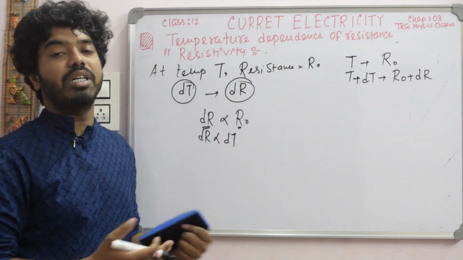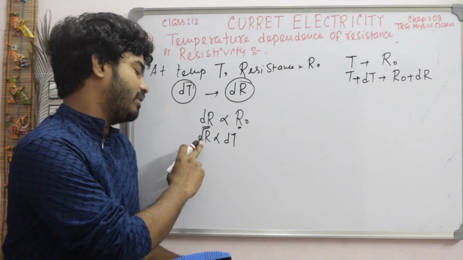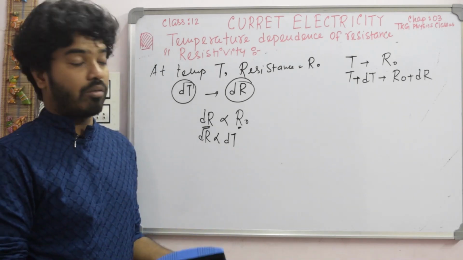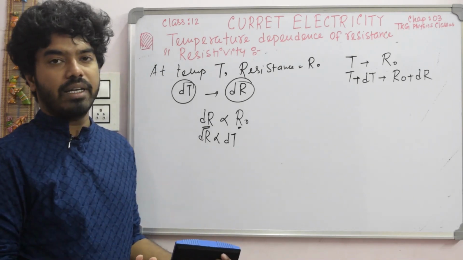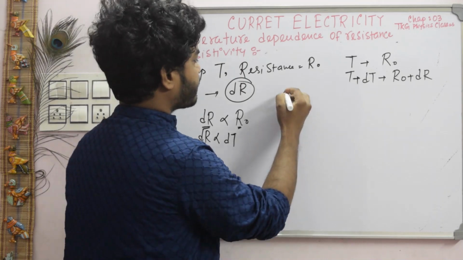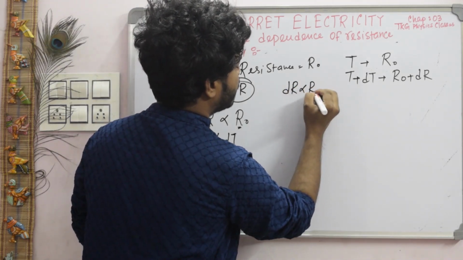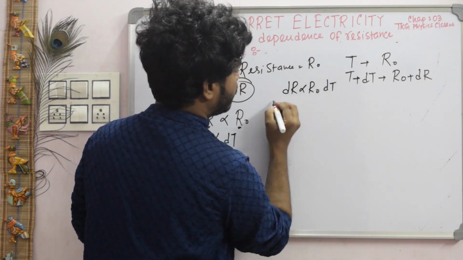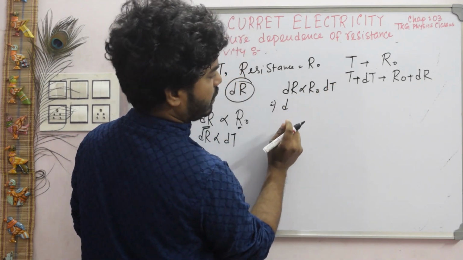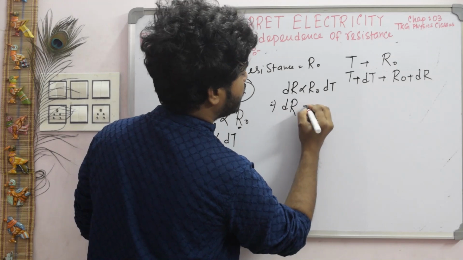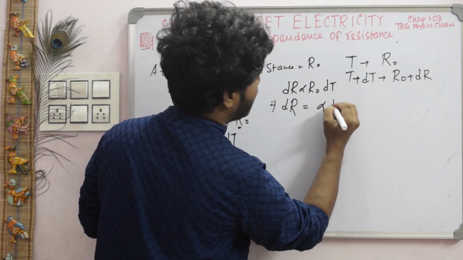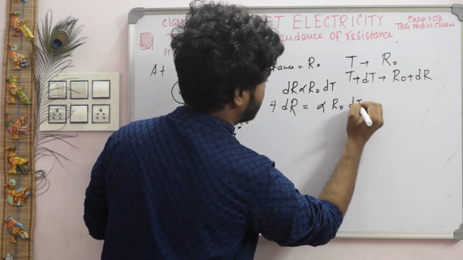When the change in temperature is more, the increase in resistance is more. Combining these two, we can write dR is directly proportional to R naught into dT. So dR is equal to alpha R naught into dT.